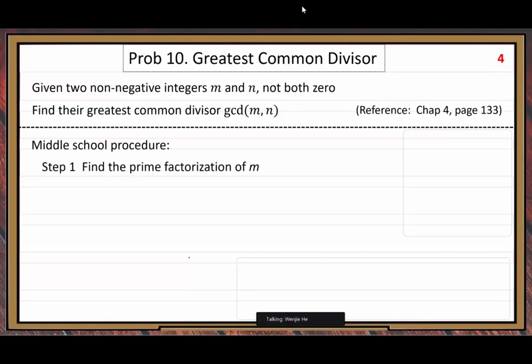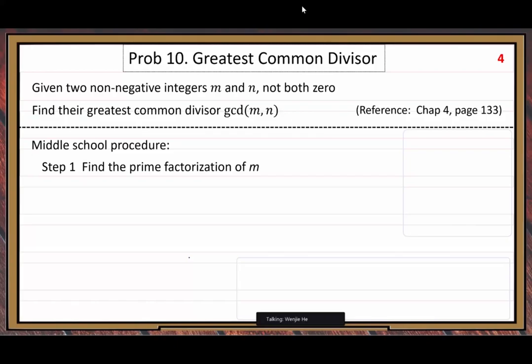Step 1, find the prime factorization of m. In module 1, we talked about prime factorization, and we already know how to do it. We have an algorithm, trial division, and we have the pseudocode for that trial division.